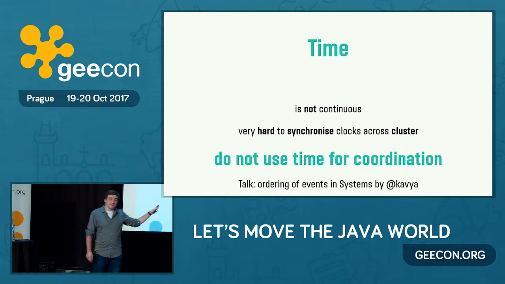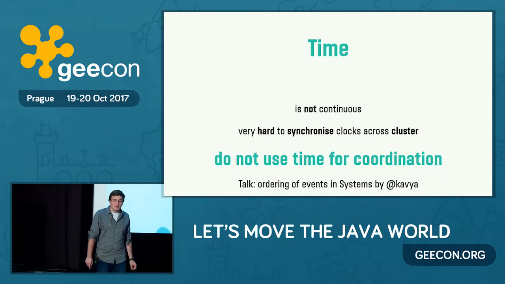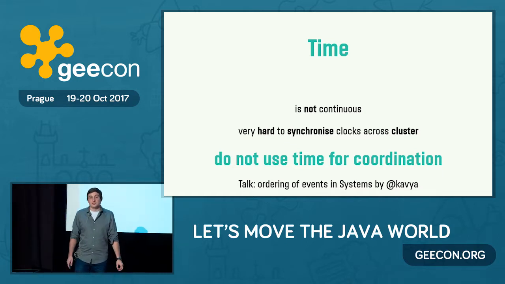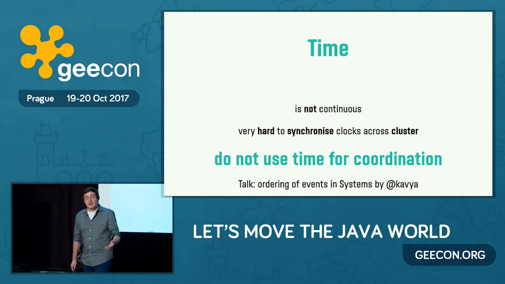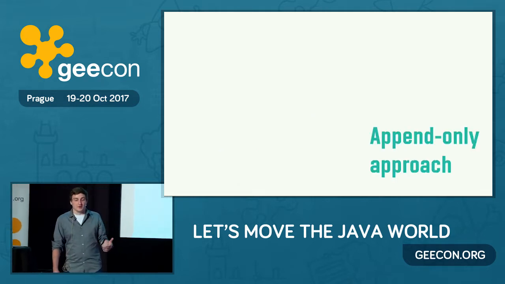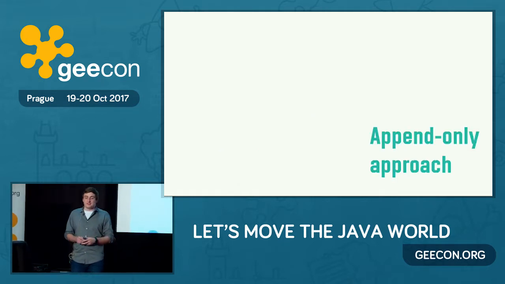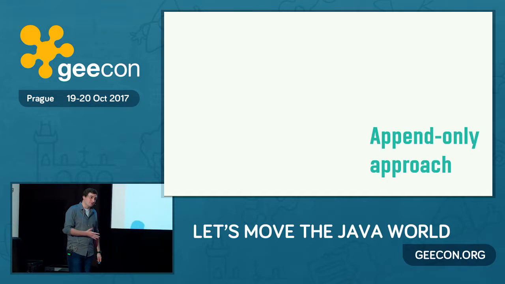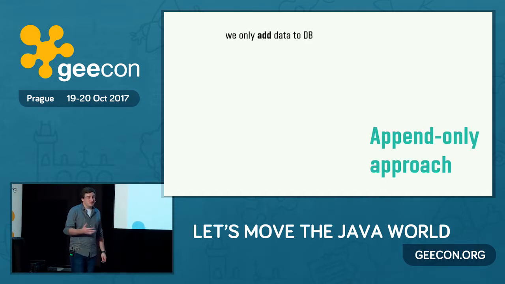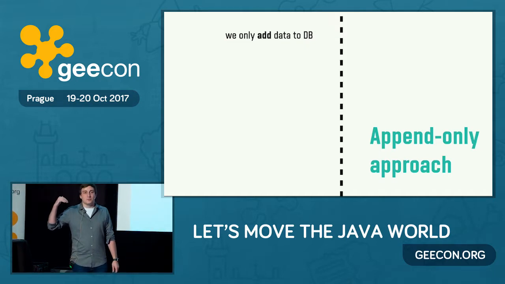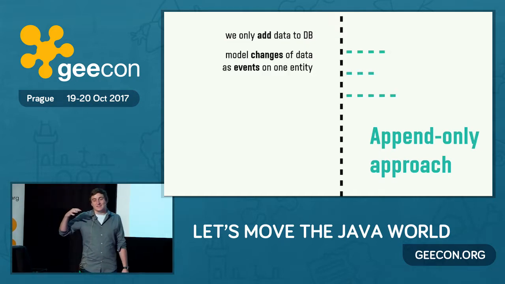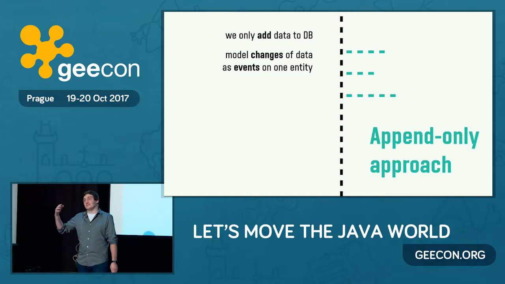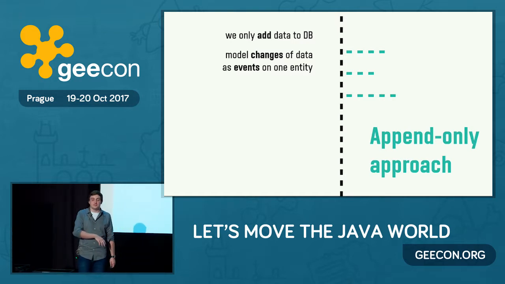There is a really nice talk that I saw recently on InfoQ by Kavya, which happens to be just about that, but it's not the approach that we are doing. What we are doing is what I would call an append-only approach. In the append-only approach, we only add data to the database. We are not modifying the database. So once we store something into the database, we do not change that.